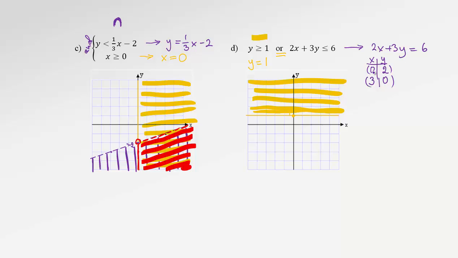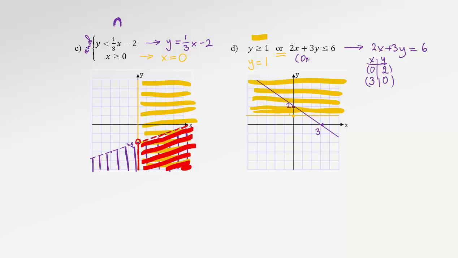Let's mark it in the diagram. 0, 2 is over here and 3, 0 is here. So that's 3, that's 2. What kind of line? Solid line. So let's graph it. And now, since this inequality is not given in an explicit way, y bigger or smaller than something, this time let's take a test point.